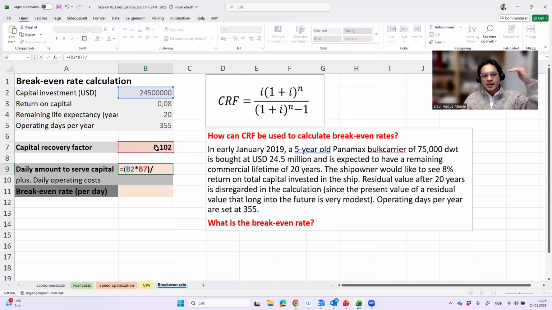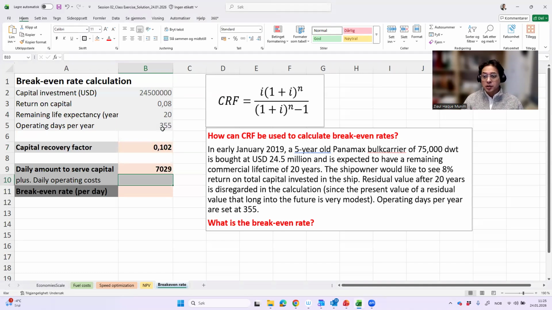When you multiply your investment value with the capital recovery factor, you get the amount that you will need for the whole year, and then you divide it by the number of operating days. That's when you get the daily amount you need per day. Okay, so this is only to cover the capital, so it relates only to your capital expenses.